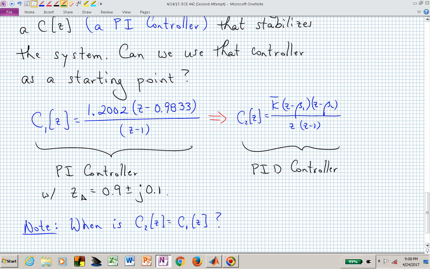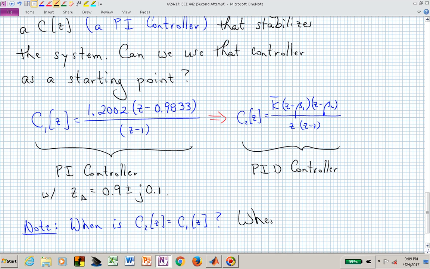If you think about that for just a little bit, hopefully you can see that if we forced one of those betas, beta 1 or beta sub 2, to be 0, then we would have a z factor in the numerator that would cancel the pole at the origin in the C sub 2 of z expression. So when is C sub 2 of z equal to C sub 1 of z?